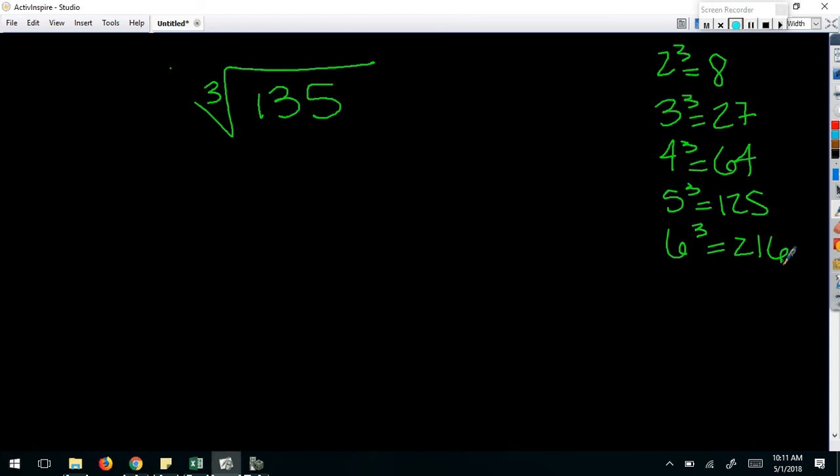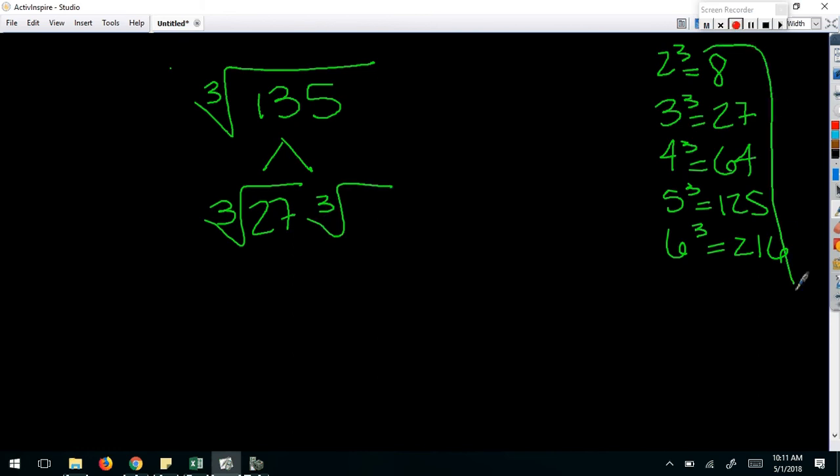Yes. 27 times what gives you 135? So you've got to take the numbers from the right side of the list and divide until we get it. Yes, that's exactly what you're going to do.